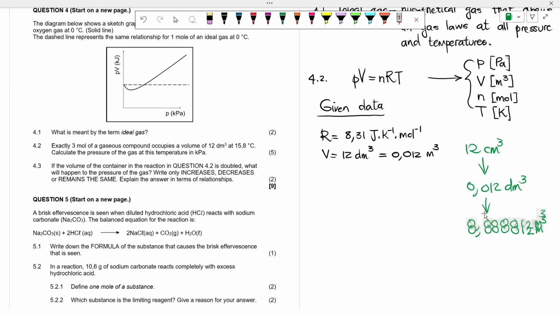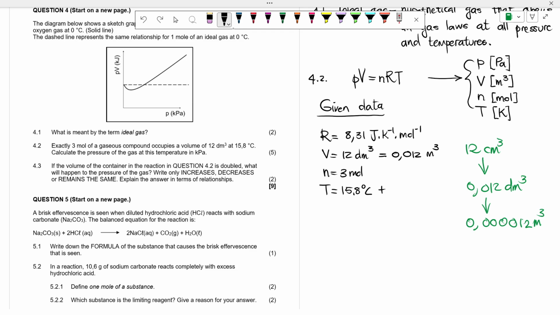then now that we have the volume in the correct units, let's look at the number of moles. We are given number of moles, it's 3. It's already in mole, so that's good. The T is not in Kelvin. How do we get it to Kelvin? You add 15.8.